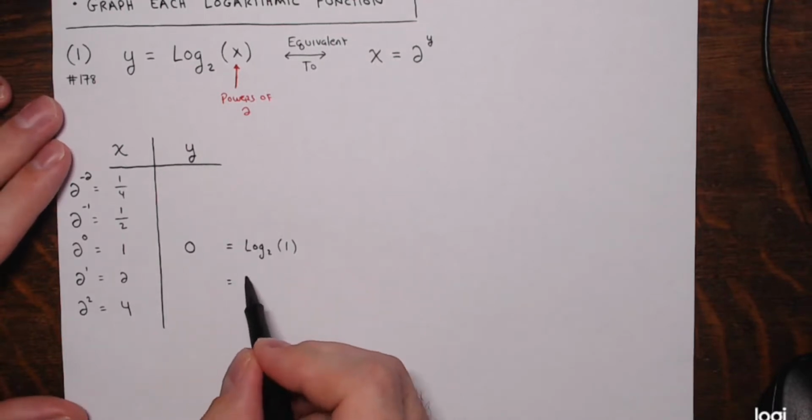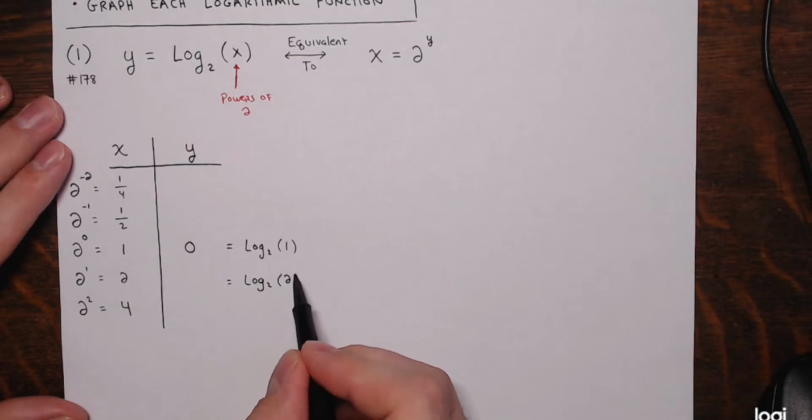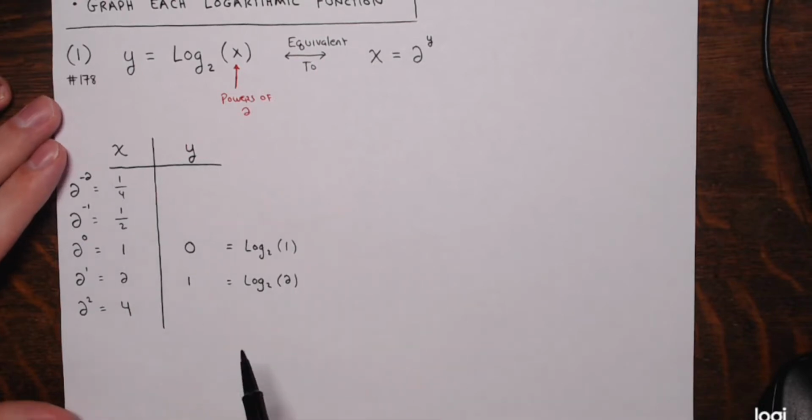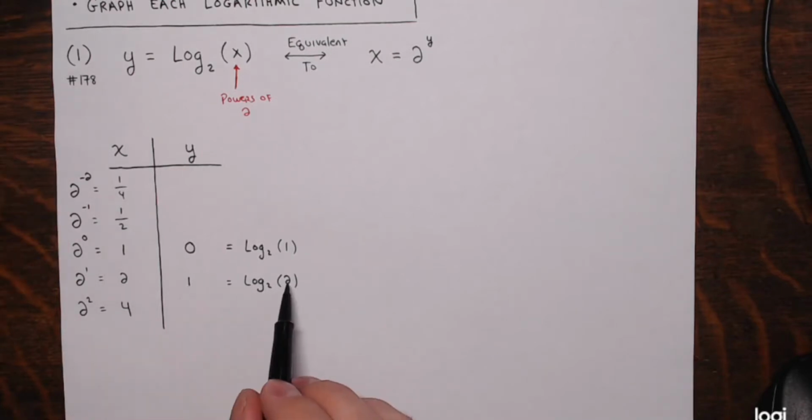And the log base 2 of this x value, the log base 2 of 2, is just 1. Again, remember, logarithms are just exponents. This is just the exponent on that power of 2 that was plugged in.